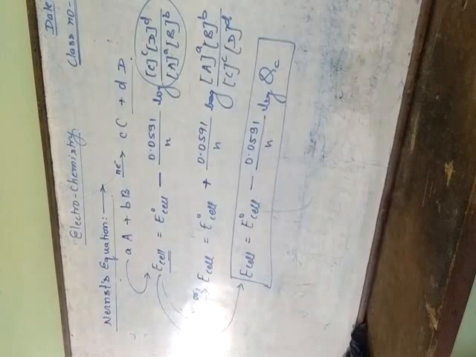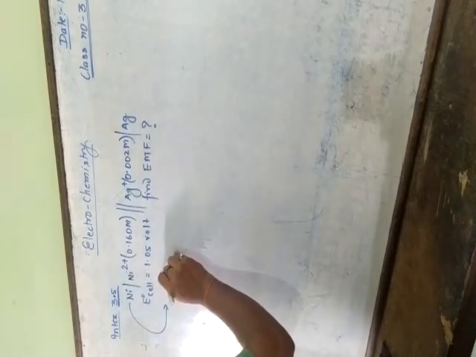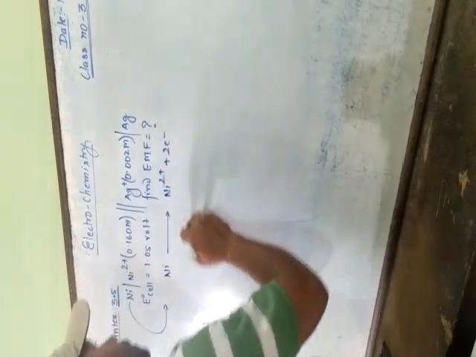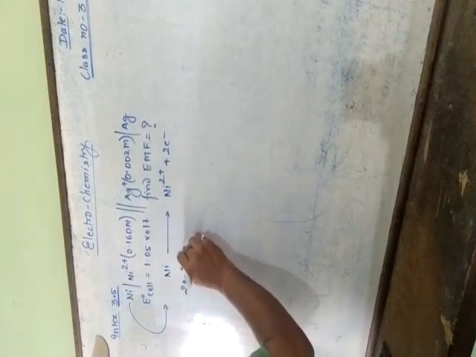Students, we take an example, Intext 3.5 of your NCERT book, and the next equation follows. Initially we write the equation: nickel gives nickel 2+ plus 2 electrons. The second one, students: 2Ag+ plus 2 electrons gives 2Ag.